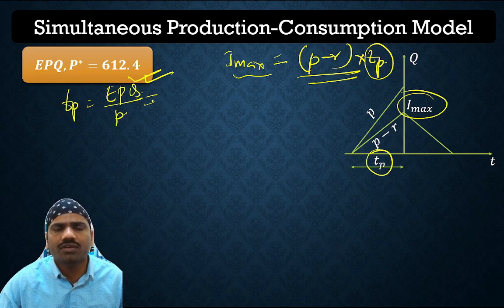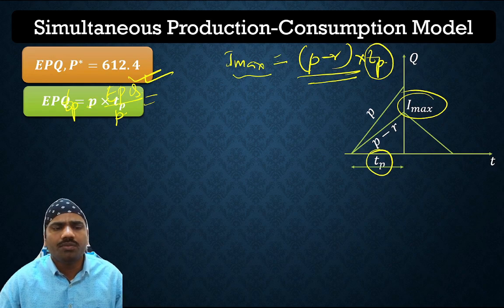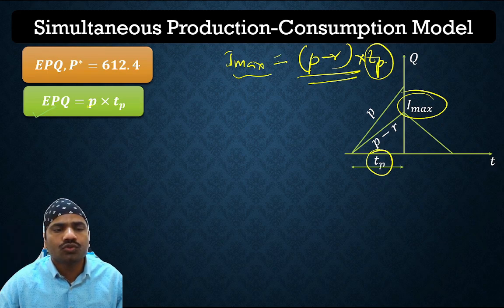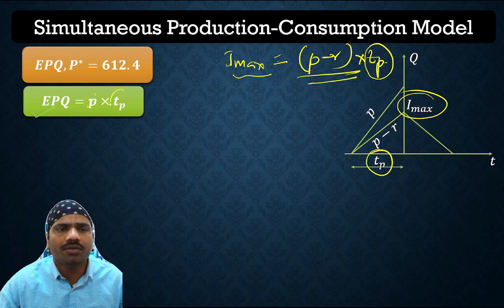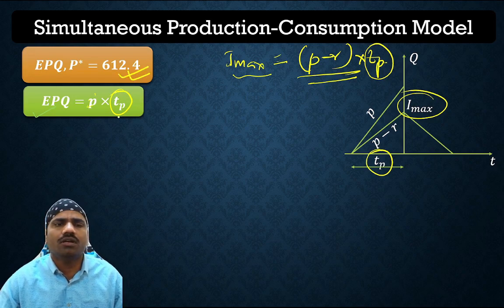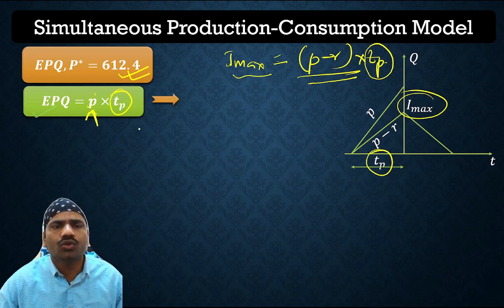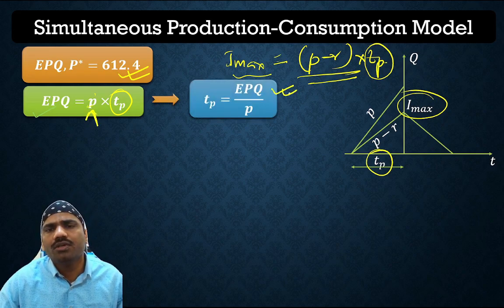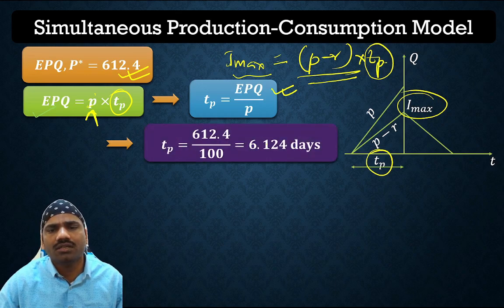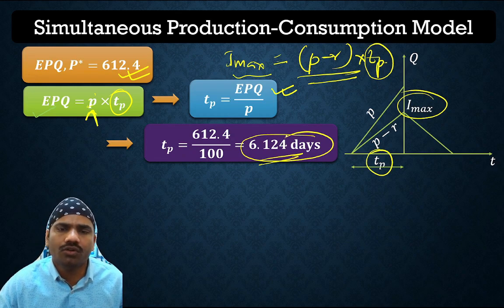EPQ is 612 and the production rate is 100. So TP will be EPQ by P, that is 612 by 100, which is 6.124 days. So the production time is 6.124 days.